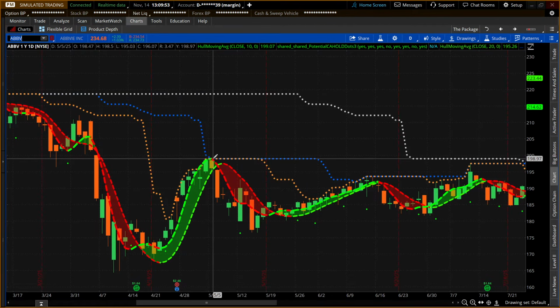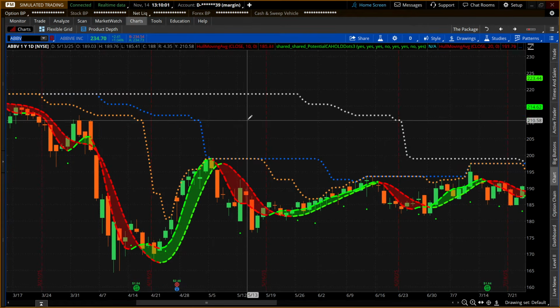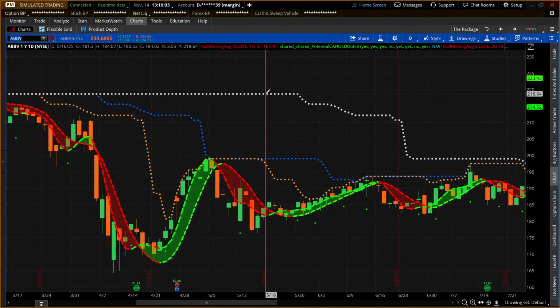What it might cause is other investors to try to get in. This is not just short term now. Now we've got those intermediate investors coming in. And if we also see the stock hitting the 55-day high, now we could be getting longer term investors in, which can sometimes cause parabolic moves up or down, especially if we go up.